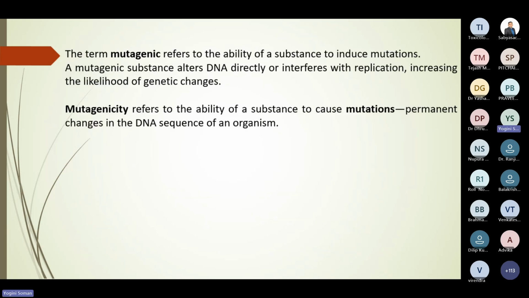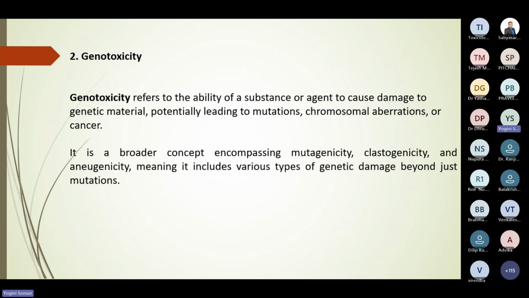The term mutagenic refers to the ability of a substance to induce mutation, and the term mutagenicity refers to the ability of a substance to cause mutation, that is, permanent changes in the DNA sequence of an organism. The second term is genotoxicity.